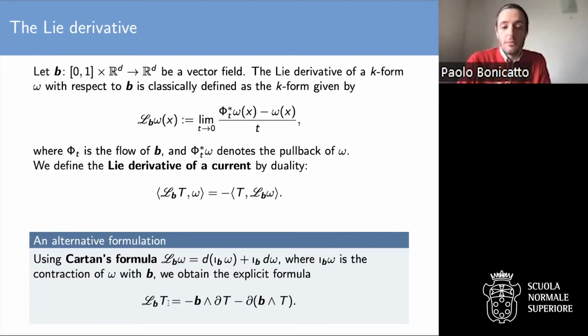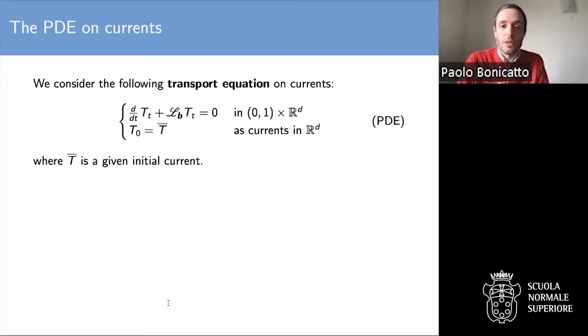Well, I have introduced basically all the objects that I would like to play with, and it's time now to write down the equation that we want to study. We want to study the following Lie transport equation in the space of currents. The situation is as follows.